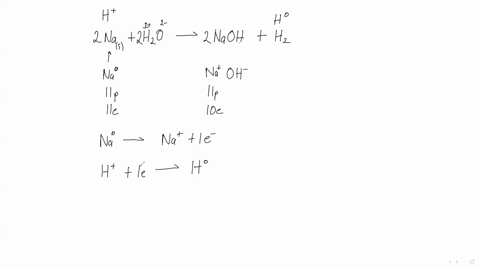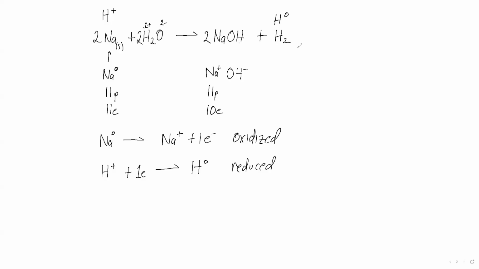So you can see the oxidation reduction coupling here, where sodium got oxidized and hydrogen was reduced. In other words, sodium got rid of an electron and gave it to one of the hydrogens here, and then it did that twice to make one hydrogen gas molecule.